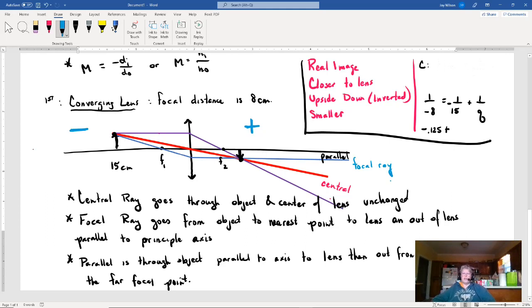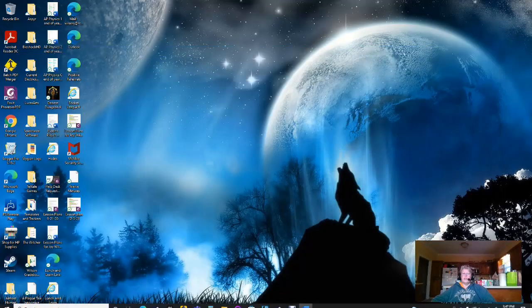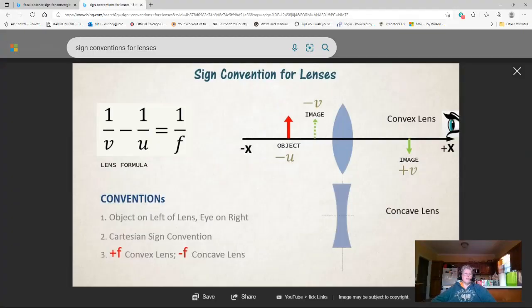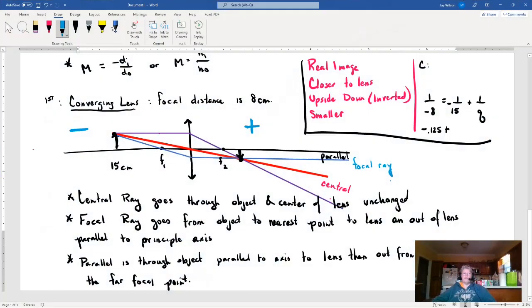Let's go back and make sure I say this right, because they write it in a way that I don't like to use. I like to have them just like the lens maker's equation, and that's what our book shows as well. So for our convex lens, the focal distance is going to be positive, but our object's going to be negative. So here we go. This one is positive.